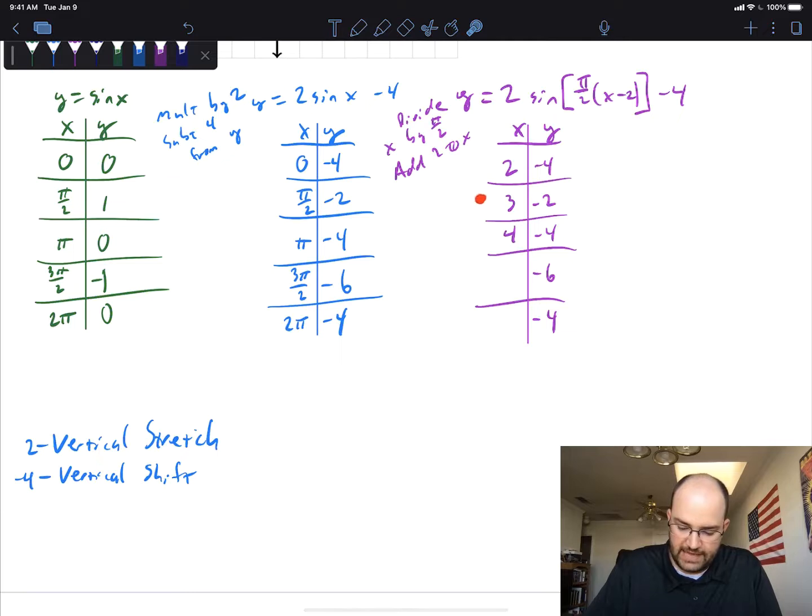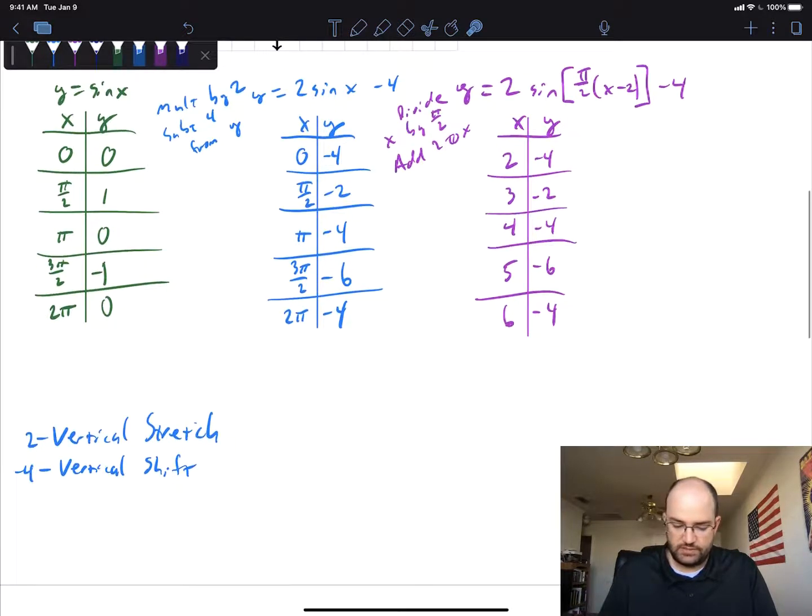Now notice that we're just adding 1 each time. So once you've seen the pattern, you can just keep going. And there you go. So it's 2, 3, 4, 5, and 6. So notice that these coordinates transform into these coordinates. Awesome.